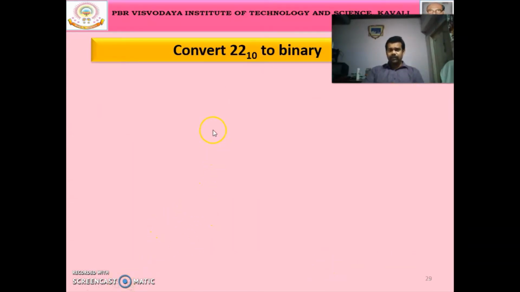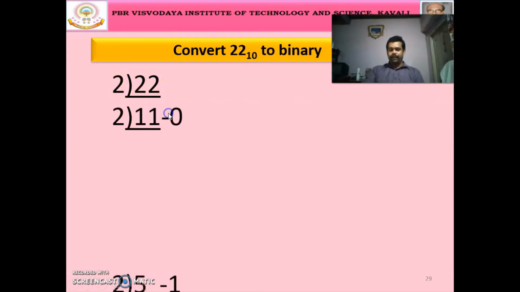Now, one example: we are converting 22 to the base 10 to binary. So 22 is a decimal number and we are going to convert it to binary. Binary means base 2, using only two numbers. So we are dividing 22 by 2. When you are dividing 22 by 2, you will be getting 11 as the quotient and 0 as a remainder.